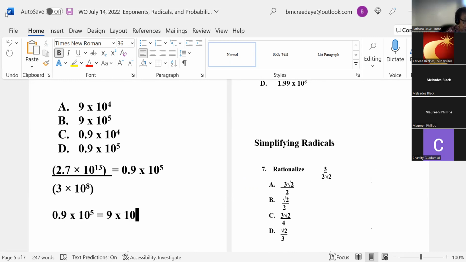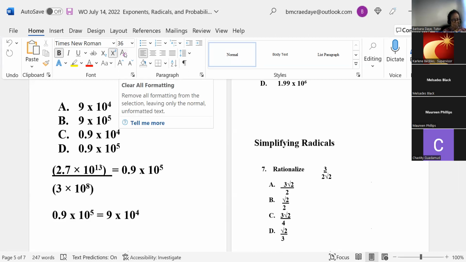If you increase the first part, you decrease the exponent. Fourth. That's it, to the fourth. What answer is that, Mercedes? The answer is A. That's right, A.